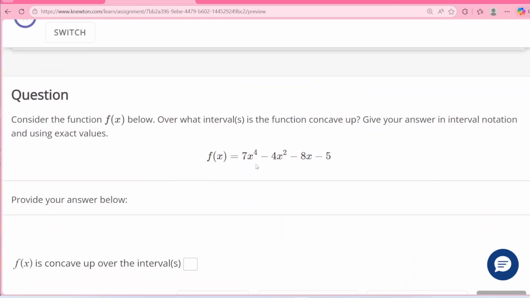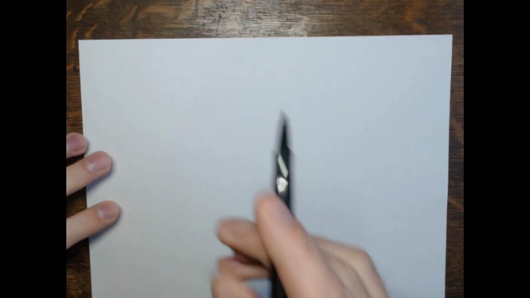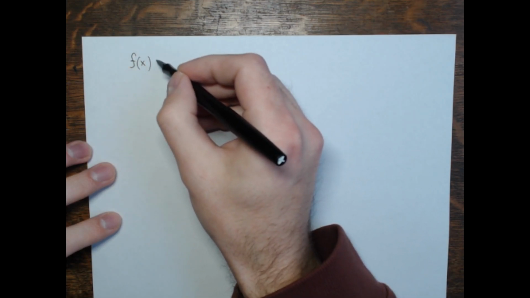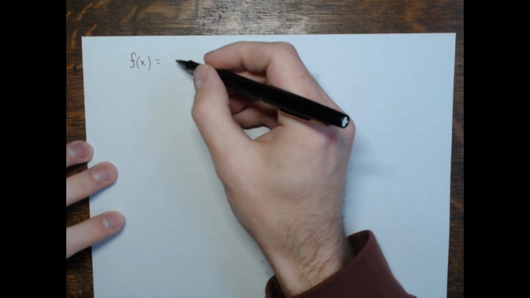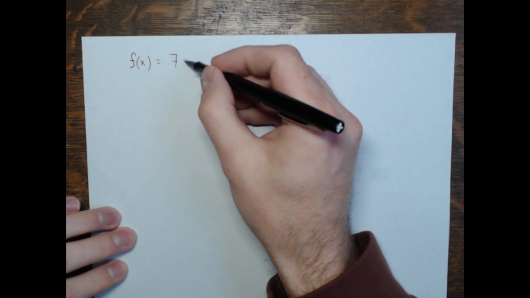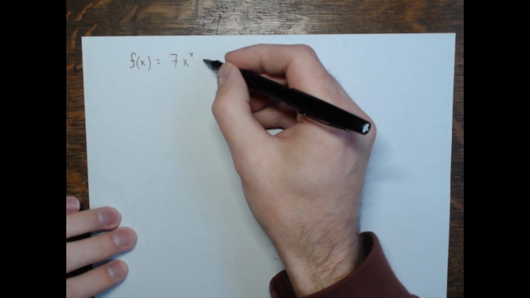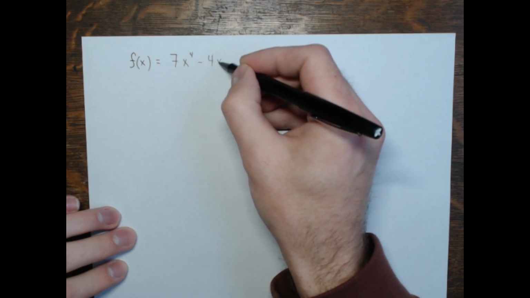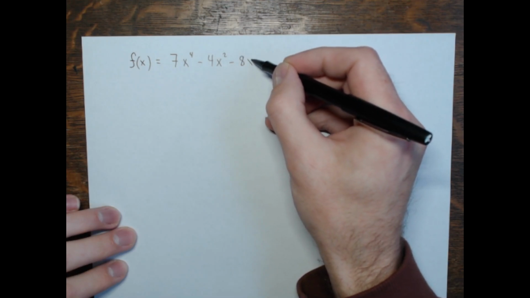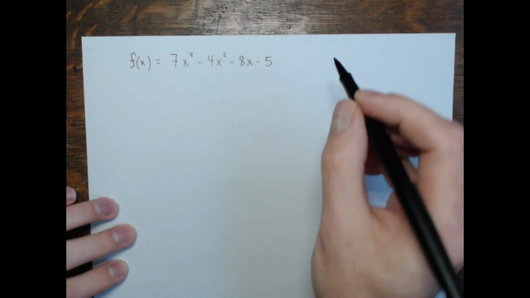All right, so now we're given a degree 4 polynomial function. f of x equals 7x to the 4th minus 4x squared minus 8x minus 5.